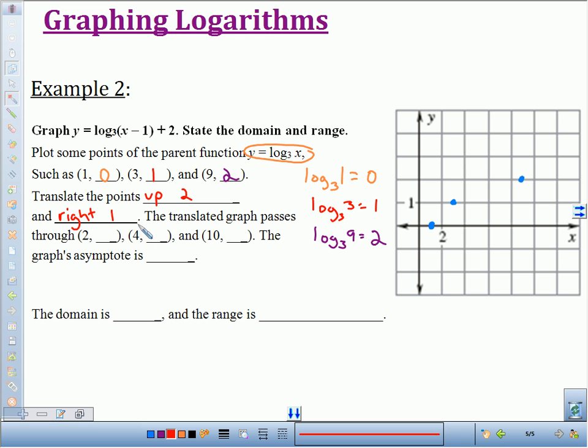All right, so notice what's going on here. This plus 2 makes me translate up 2. This x minus 1 makes me translate to the right 1.